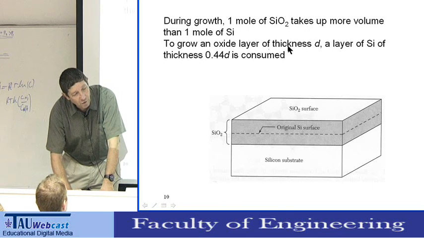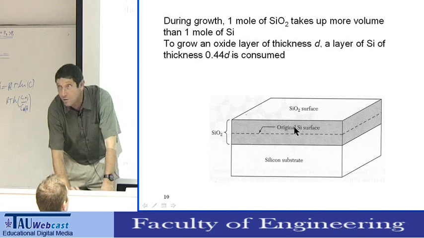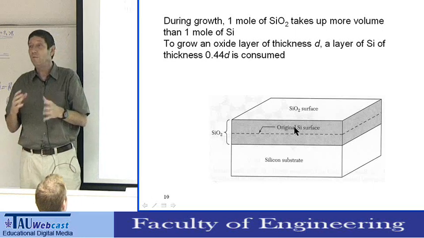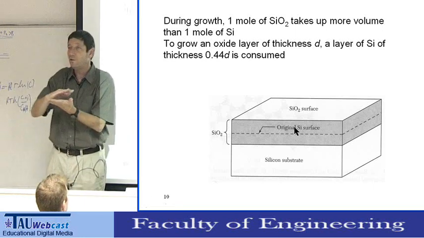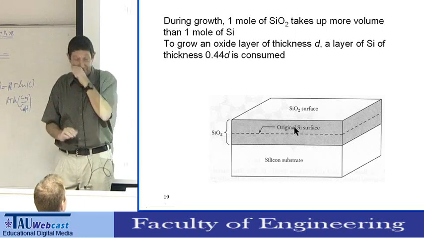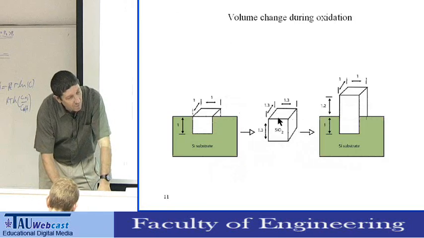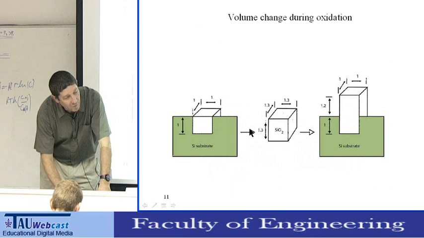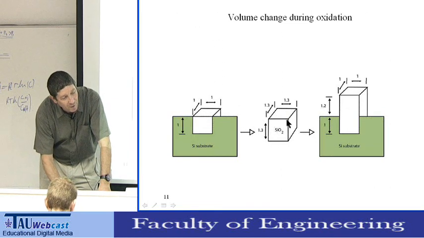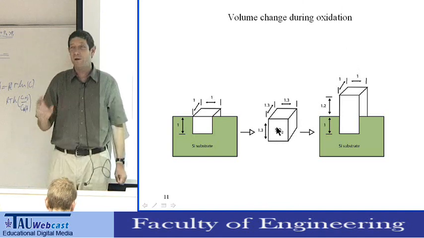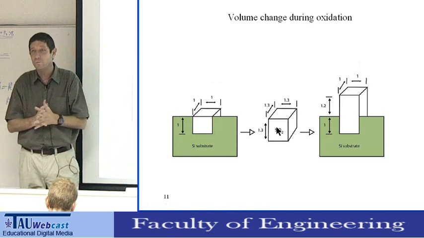So to grow oxide of D, you consume 0.44 D. So the volume of oxide that you grow is slightly more than twice the volume of the silicon. If I take this volume and oxidize it, it will generate a volume of SiO2 with dimensions 1.3 by 1.3 by 1.3. If you take 1.3 to the power of 3, you get about 2.2.